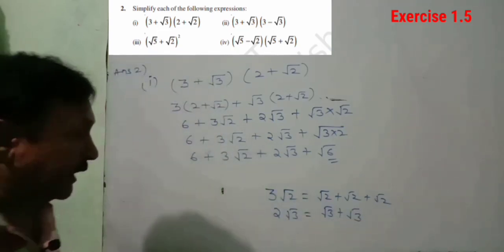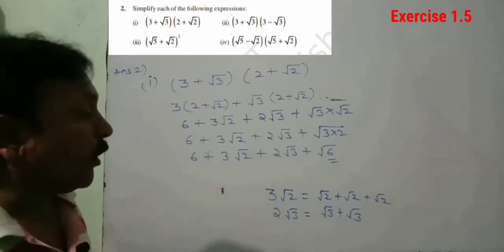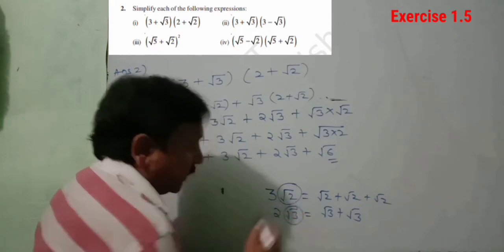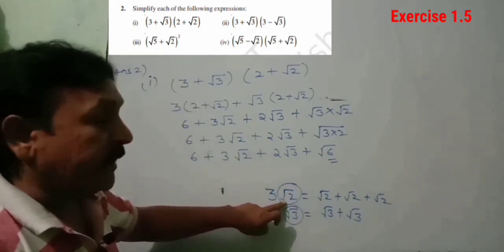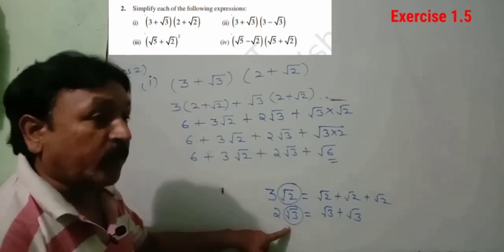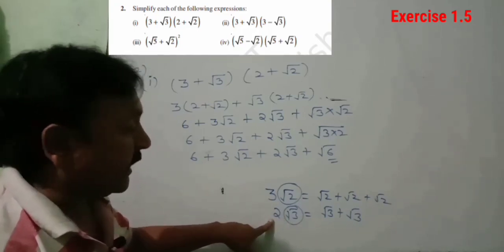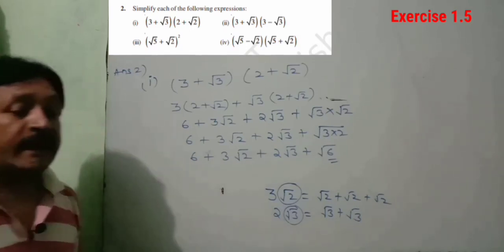Whenever you do addition or subtraction of these kinds of numbers, always pay attention to the type of root. If it is a square root, only square root values will be added or subtracted with it. If it is a cube root, then only cube root values will get added or subtracted with it. So this is our answer. Note it and see part second.